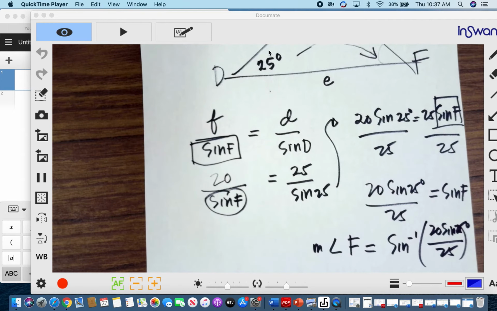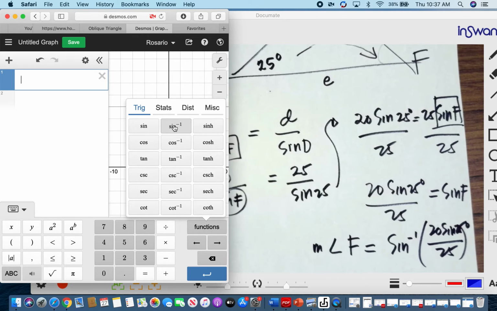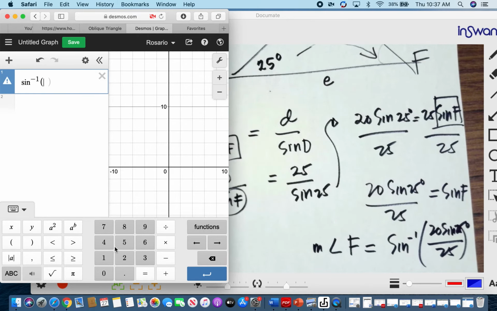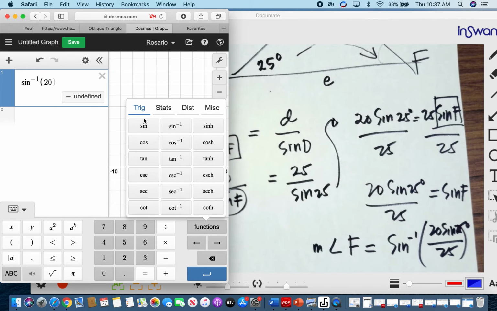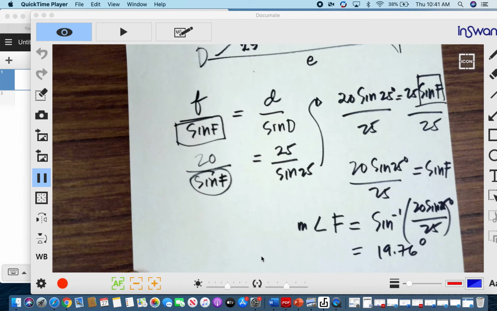So to do that in the calculator, you have second sine, because we're finding an angle, so you have 20 sine 25, close it, divided by 25. And that would be our angle. It's equivalent to 19.76 degrees.